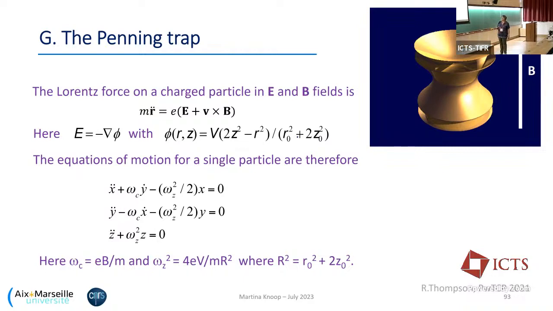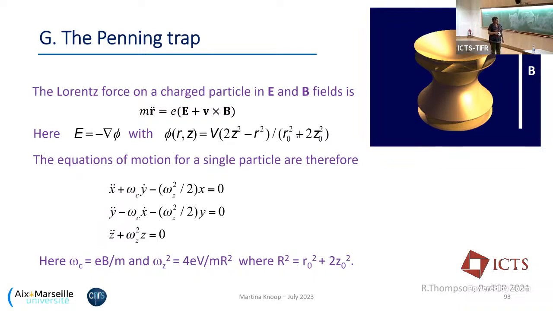What you get out at the end, trust me, or trust Richard Thompson and other people who work on that, are the different frequencies of the ion in that trap. You can easily understand that there is the cyclotron frequency, which is due to the magnetic field. Depending on the strength of your magnetic field, you have a different cyclotron frequency around the B field lines.